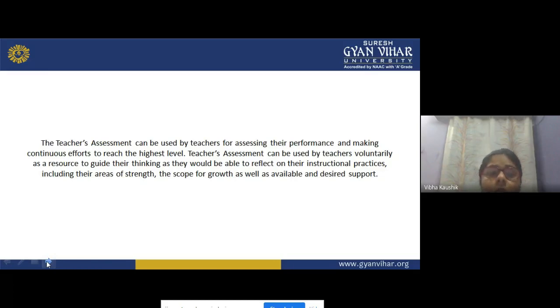It's their choice whether they want to use a teacher assessment tool or not, as a source to guide their thinking, as they would be able to reflect on their instructional practices, including their areas of strength, the scope for growth, as well as available and desired support. With the help of these self-assessment tools, they will know the areas where there is scope for improvement.